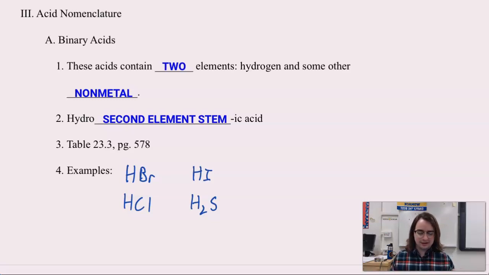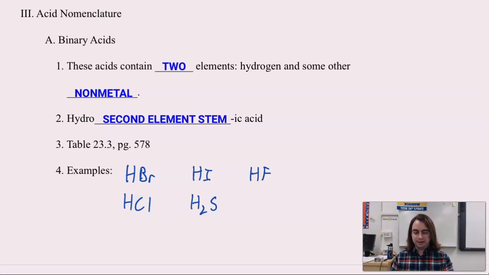So I think the science community just decided that we're going to call it hydrosulfuric acid. And I got one more. Don't want to forget old HF. HF is hydrofluoric acid.